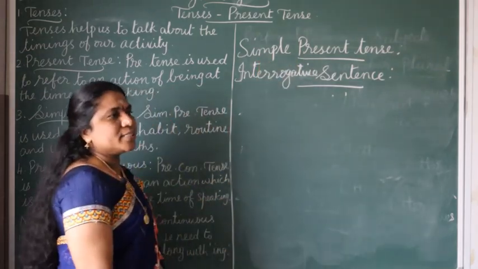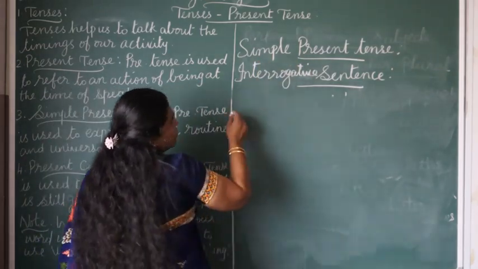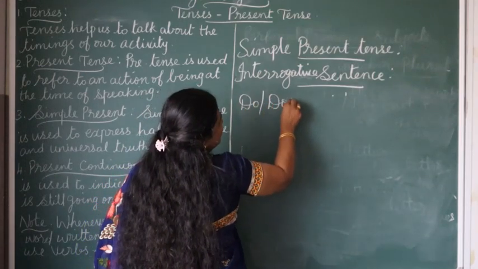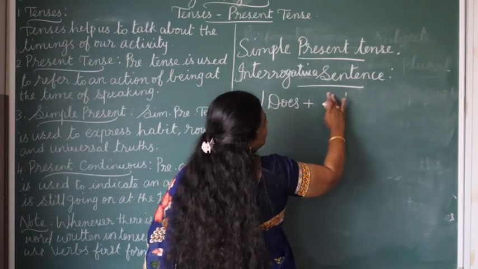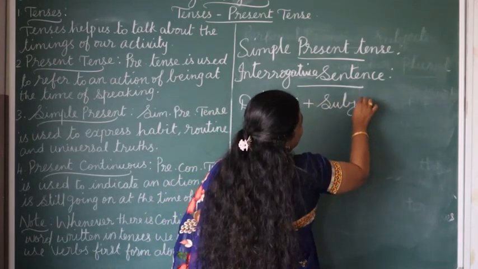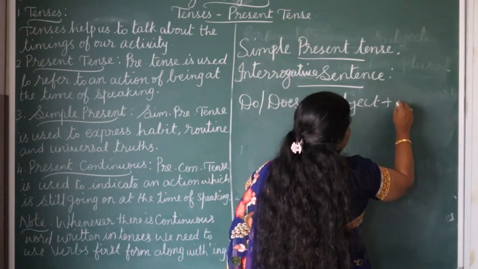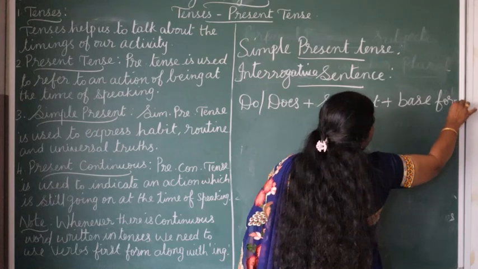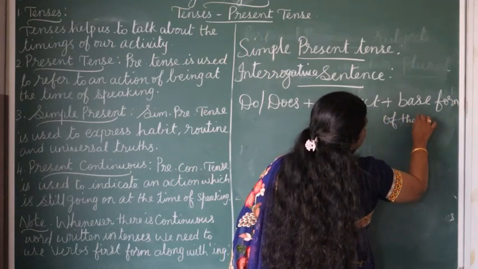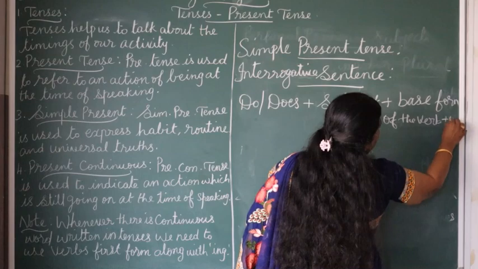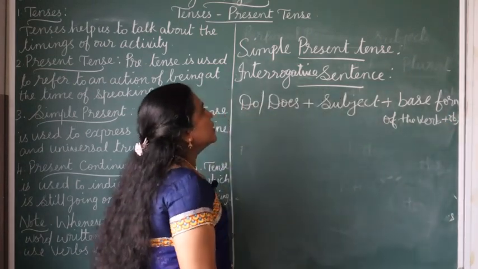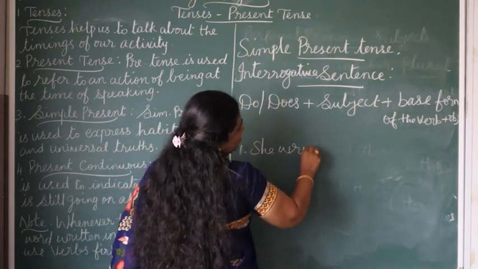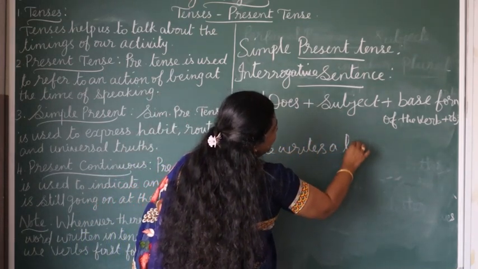In interrogative sentence, the rule form of simple present tense is do or does plus subject plus base form of the verb plus object. Okay. So, first we take an example, she writes a letter.